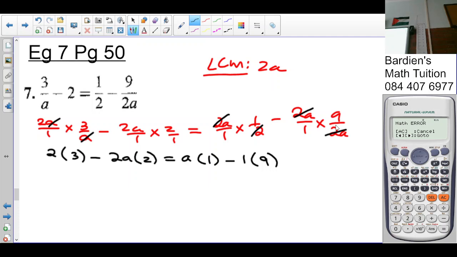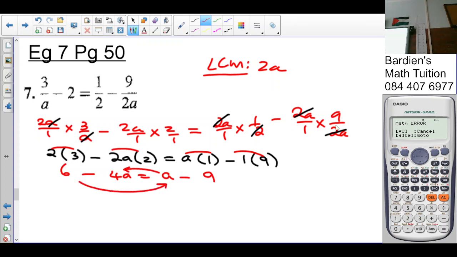Right, so what do we have now? 6 minus 4a is equal to a minus 9. Now what? A is one side, number side. So it's negative 4a minus a is equal to negative 9 minus 6. What's negative 4a minus a? Negative 5a. So negative 5a equals negative 15.